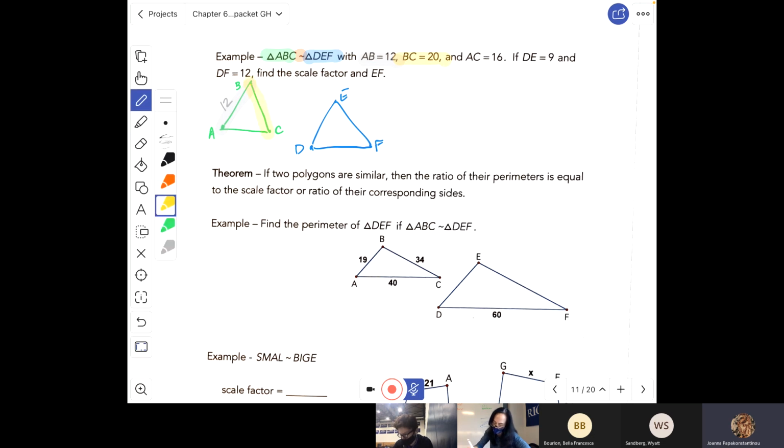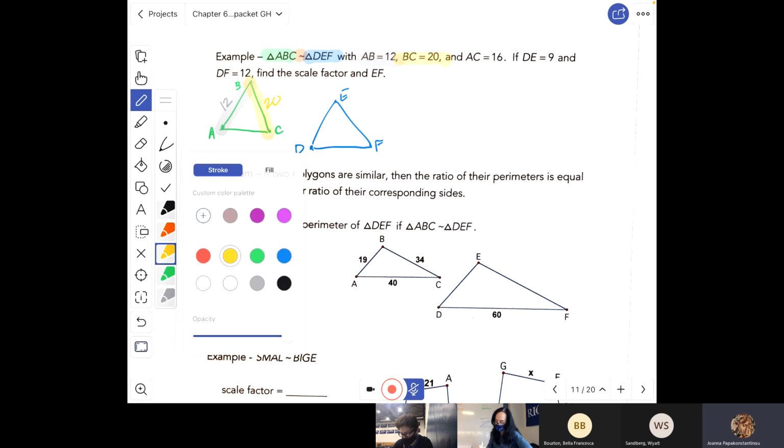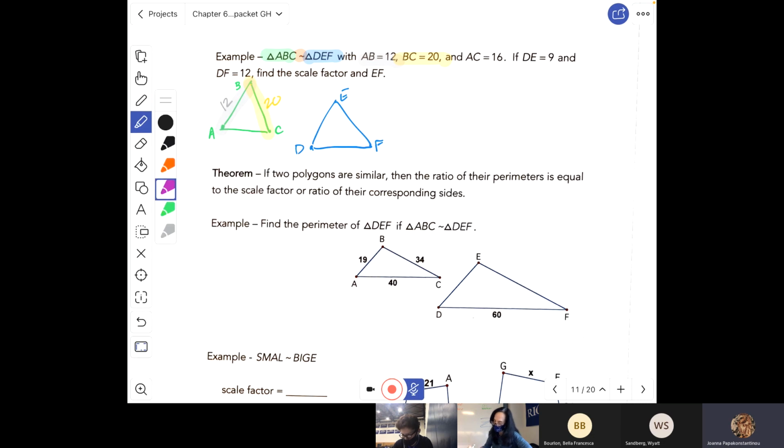Again, I don't really know what I'm going to have to use, but let's just label what we know. BC is 20. I know AC is 16. Ooh, I know all the lengths of the sides of that triangle.